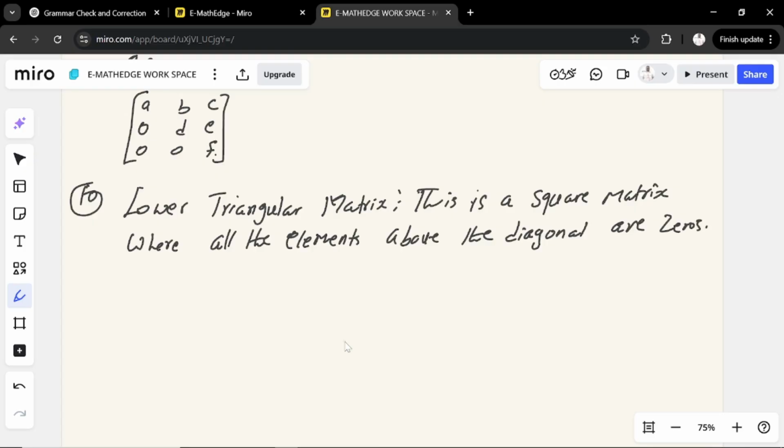Mind you, for an upper triangular matrix, we said all the elements below the diagonal must be zeros, right?